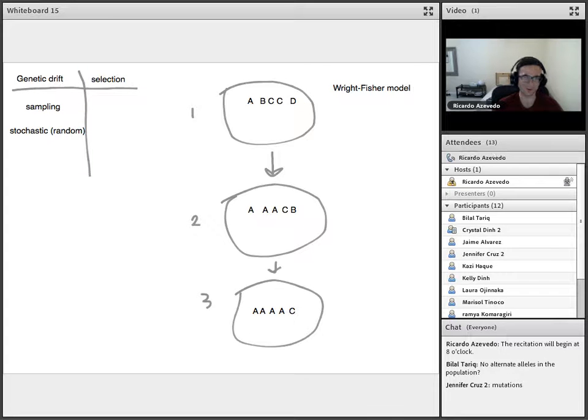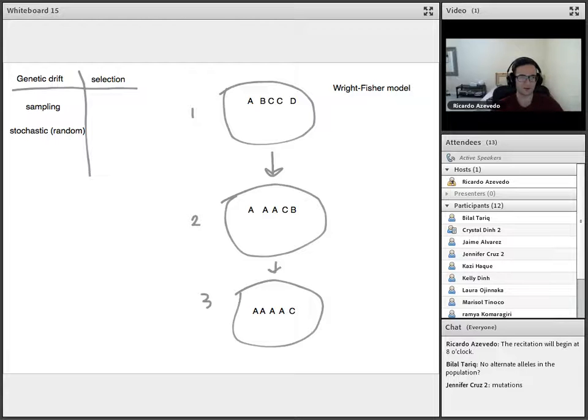If we were to anthropomorphize these different forces, the animosity between drift and selection comes from the fact that selection is anything but random. Selection is a non-random process, or you can call it deterministic.